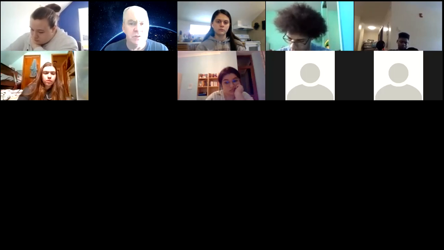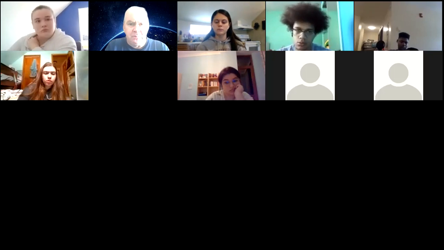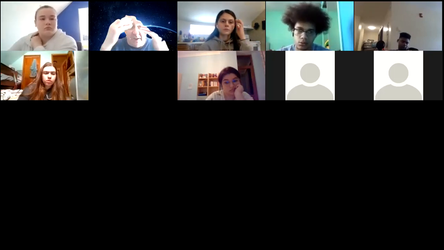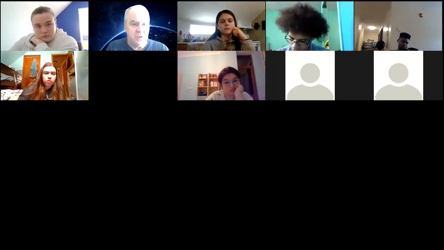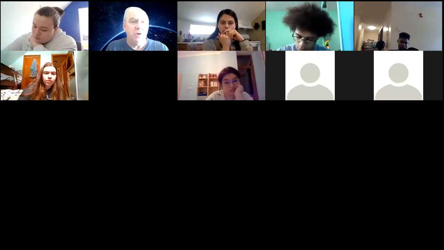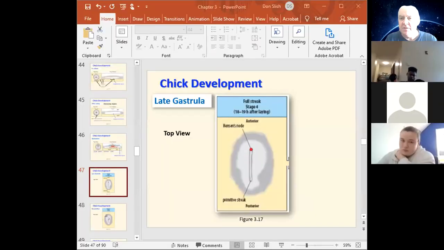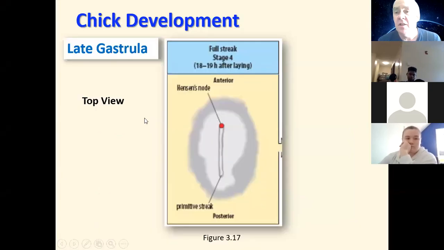So precordial plate mesoderm is anterior to the notochord, and then the head process becomes the notochord. Notochord is going to be mesoderm underneath the ectoderm that will turn the ectoderm into the neural tube. So notochord is really important because it's going to organize that neural tube.